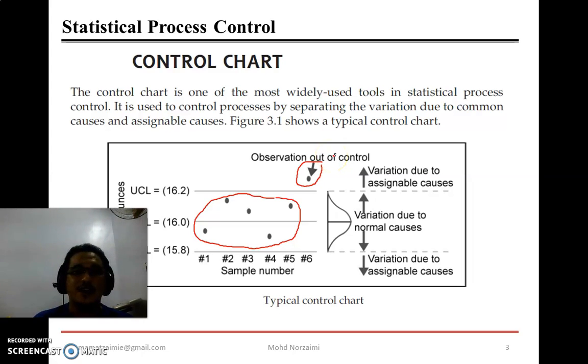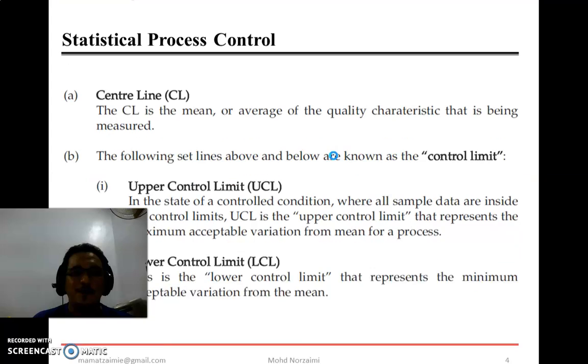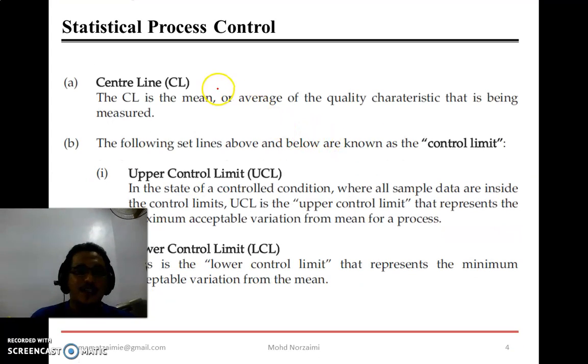So what is special about the control chart? In a control chart, we calculate the central line, CL. We calculate the upper control limit and lower control limit. The other terms people use in manufacturing are SL, USL, and LSL. So what is the difference between UCL and USL?